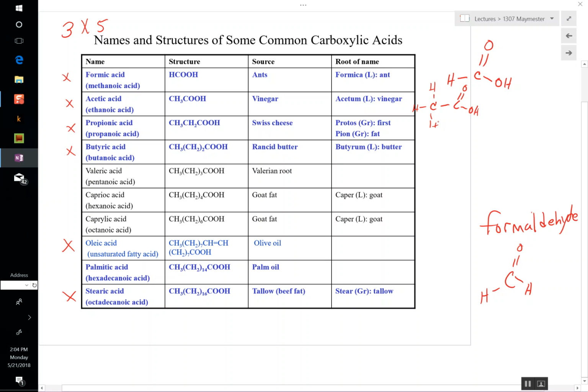Okay, now down here, these are fatty acids. Let's just say that. This is an unsaturated fatty acid. And stearic acid is a saturated fatty acid. I'll just abbreviate it, FA, fatty acid.